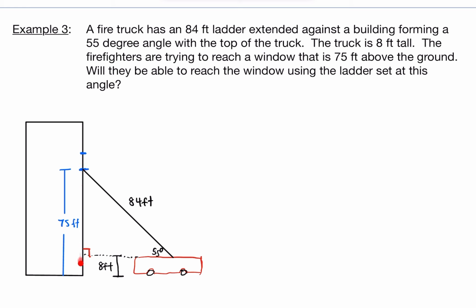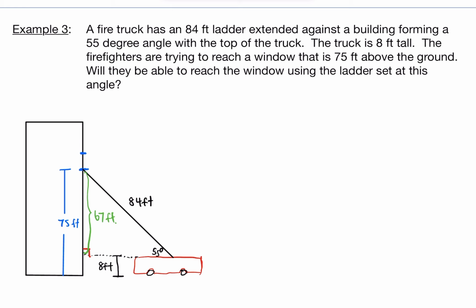But this distance is 8 feet, from the ground to the top of the truck, which is where the ladder begins. So 75 minus 8 is 67 feet. Let's label that: from here to here is 67 feet.